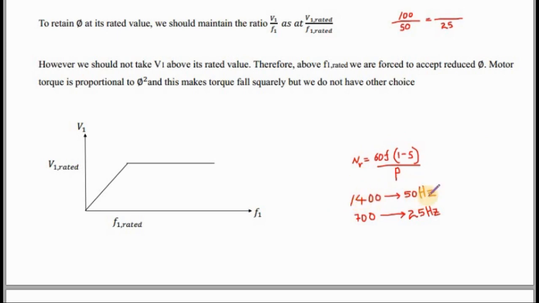So for 50 Hertz, the motor is rotating at 1400 rpm. Let's assume we need to run this motor at 700 rpm.